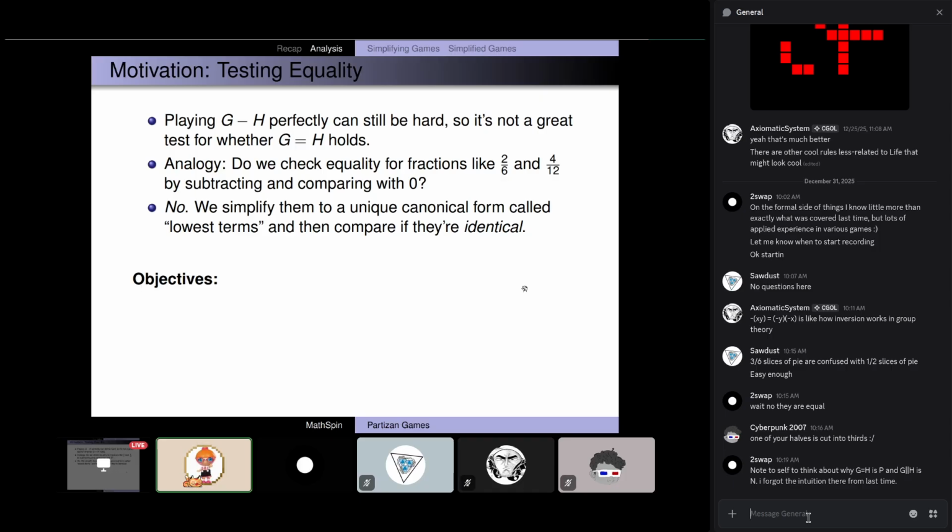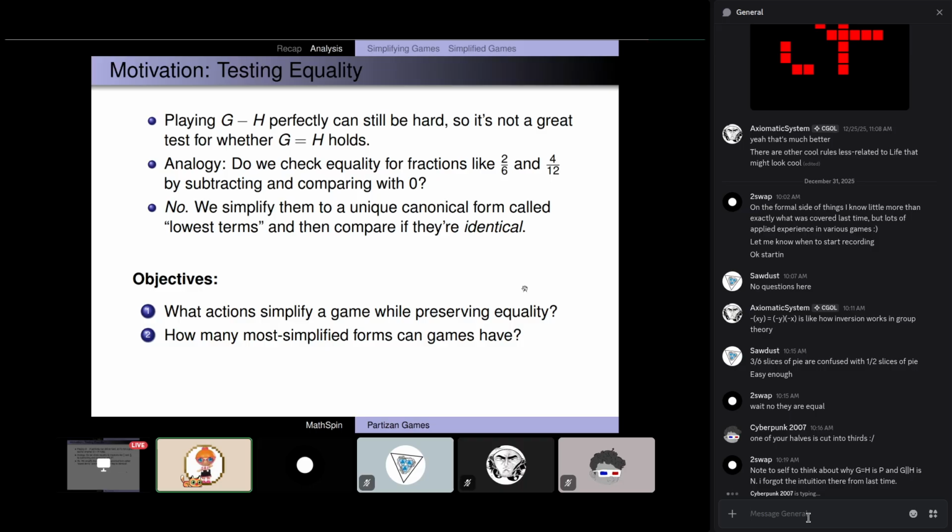So to say this in another way, I'd say we have three objectives. First is, what actions would simplify a game while preserving equality? And then, after we do all the simplification that we can do, how many, and I mean this in a very broad and vague sense, most simplified forms can games have?